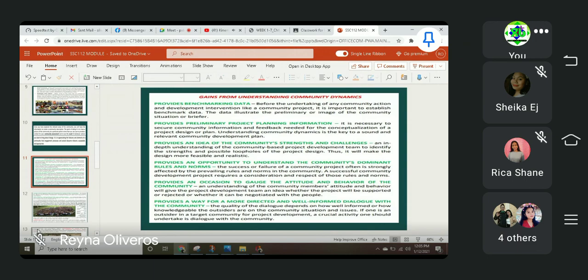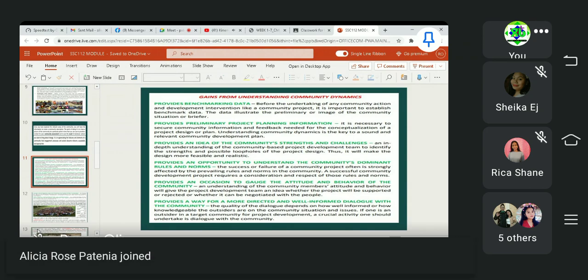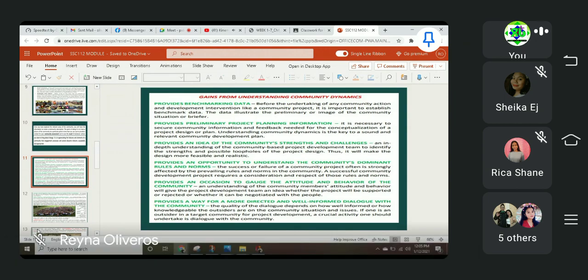Okay? So, what are the things that we can gain from understanding the community dynamics? Ano daw yung mga pwede nating mag-gain once na naintindihan natin yung different aspects and dynamics ng isang community? Number one nito, guys, is provides benchmarking data. Pag sinabi nating benchmarking data, bago daw tayo mag-undertake ng kahit anong community actions, either community services or any development intervention, kagaya na lang ng community project, napaka-importante na i-establish muna natin yung data.